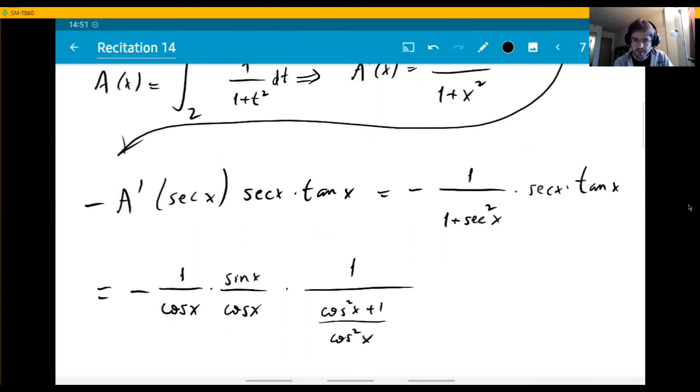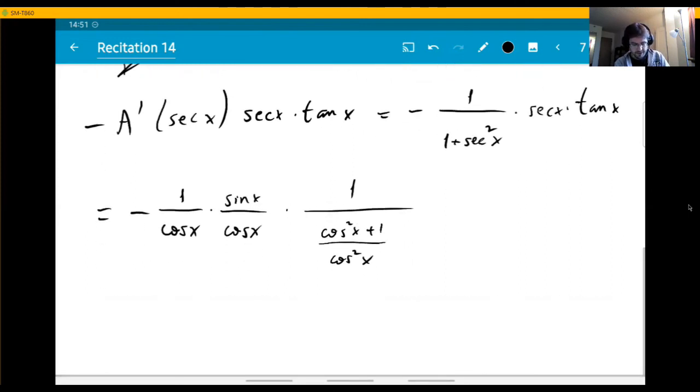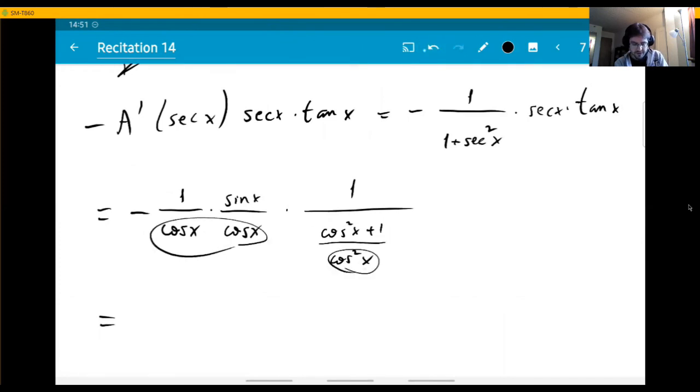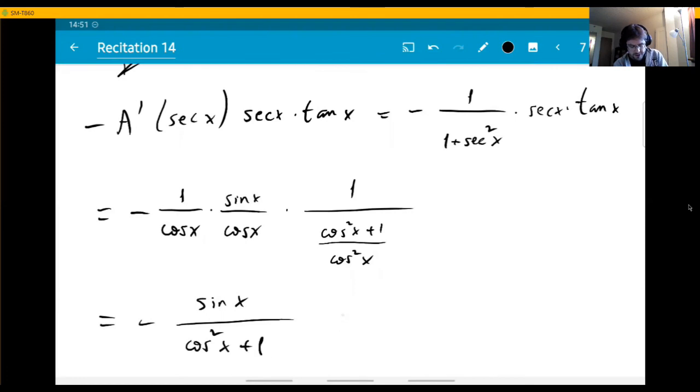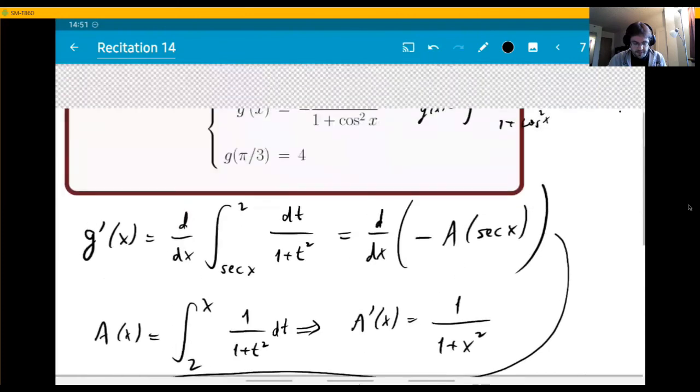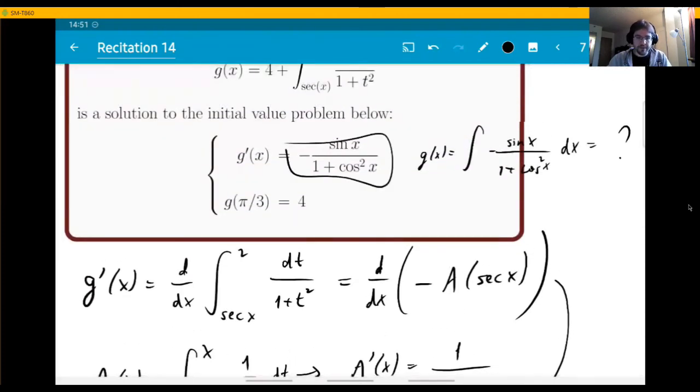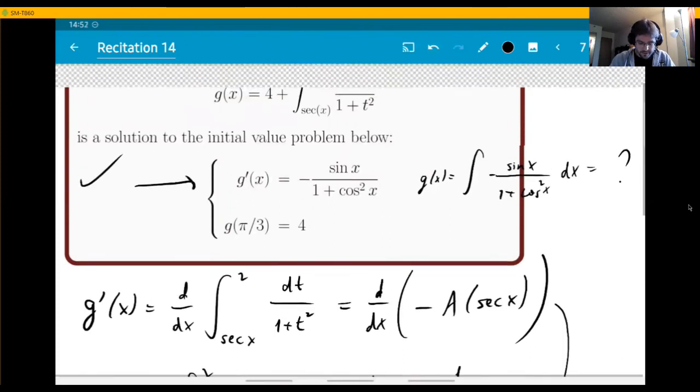Just replace secant with 1 over cosine and simplify. This is what you're going to get. I'm going to write the reciprocal of this fraction. And you see that the cosine squared will cancel with these guys. So this simplifies down to just minus sine over cosine squared plus 1. Check. This is exactly what we wanted to verify that the g prime function is equal to. So we have verified that the first condition is true for the particular function given.